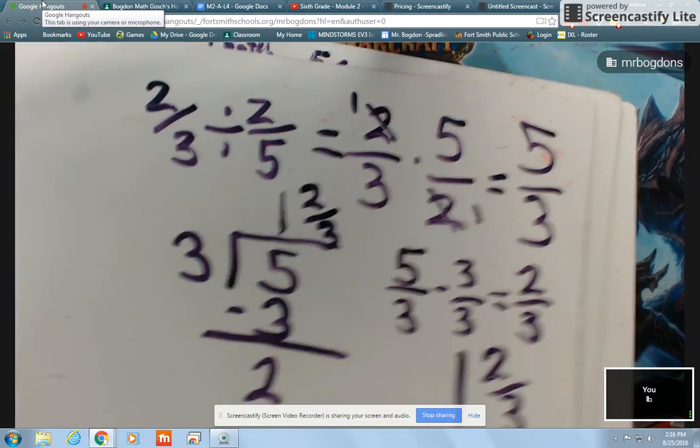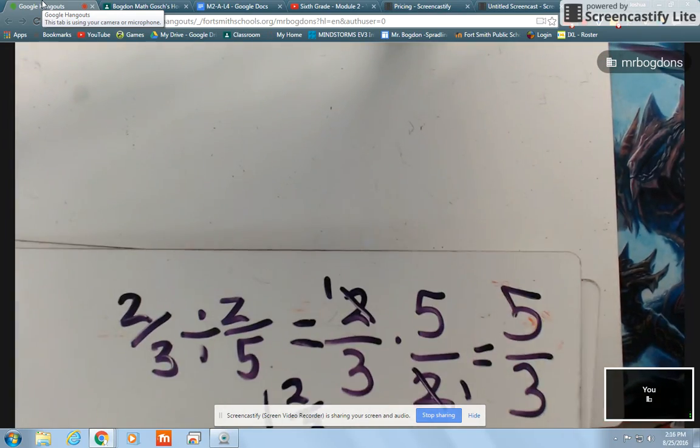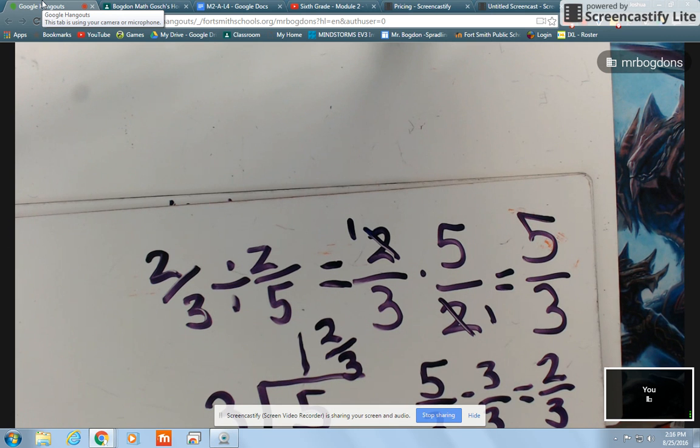Let's draw a quick model just to make sure that we know where that's coming from. So here I have thirds and I have fifths. What's a common multiple between 3 and 5? What are some multiples of 3? 9, 12, 15.